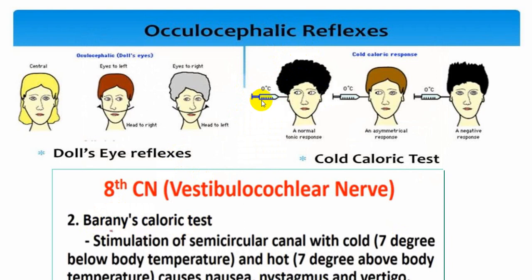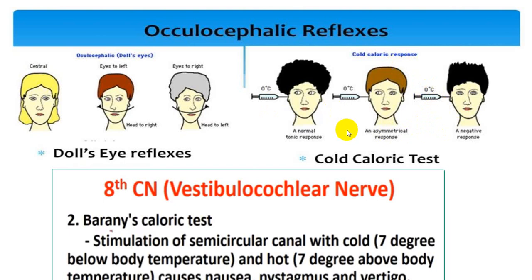So if you add cold water and there is nystagmus in a normal person, you will have a tonic reflex, that is the fast component going towards the side, and in a person in whom you get an asymmetrical response, that means the caloric test is negative.